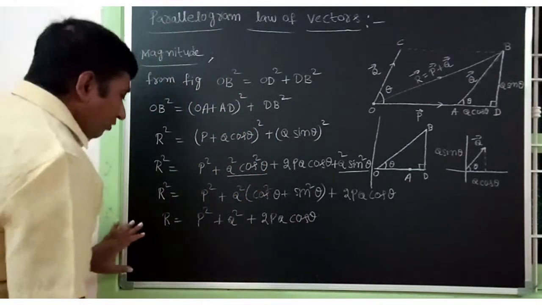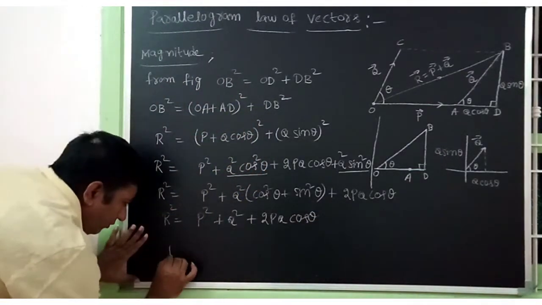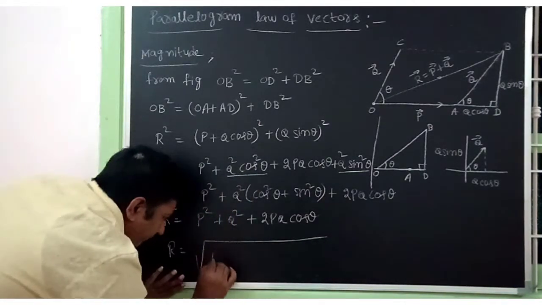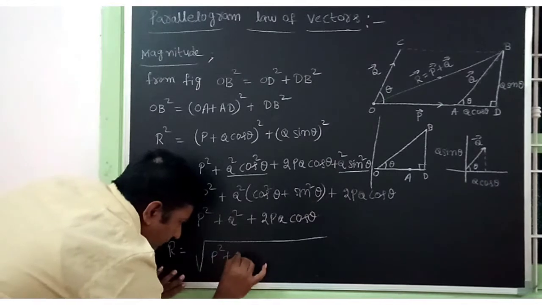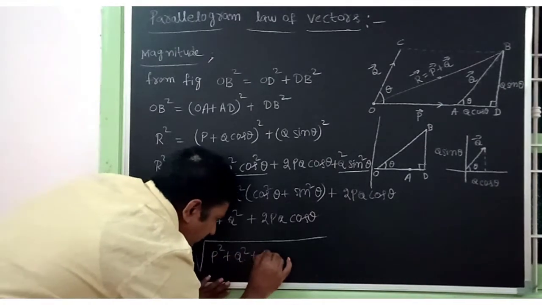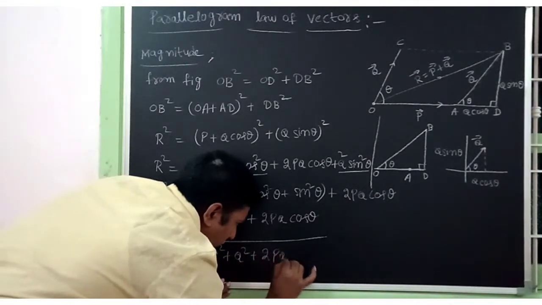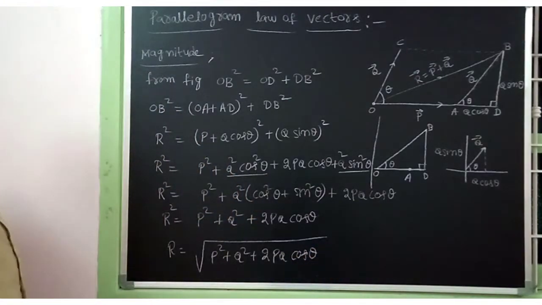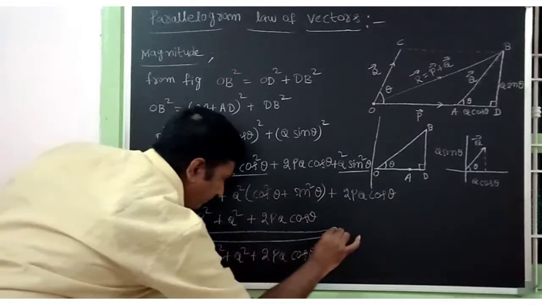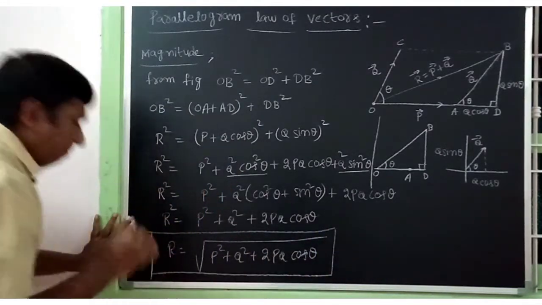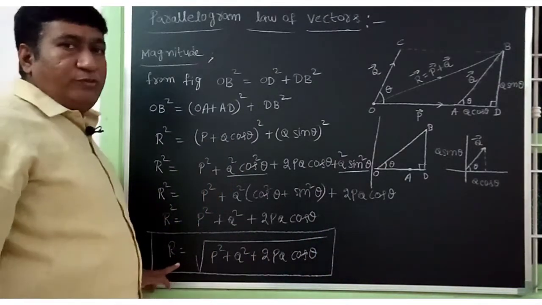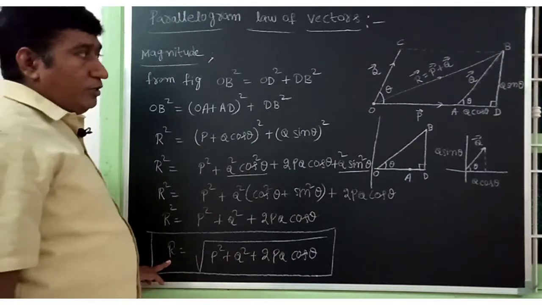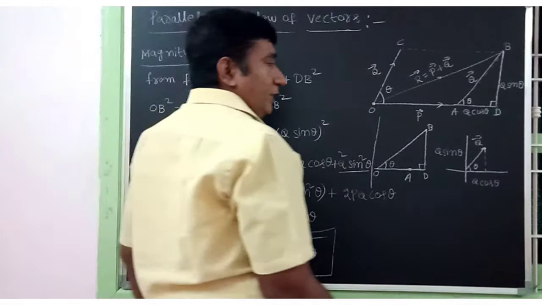I need the value of R, so R equals root of P square plus Q square plus 2PQ cos theta. This is the magnitude of the resultant of two vectors, which we have proved. Then what is its direction?